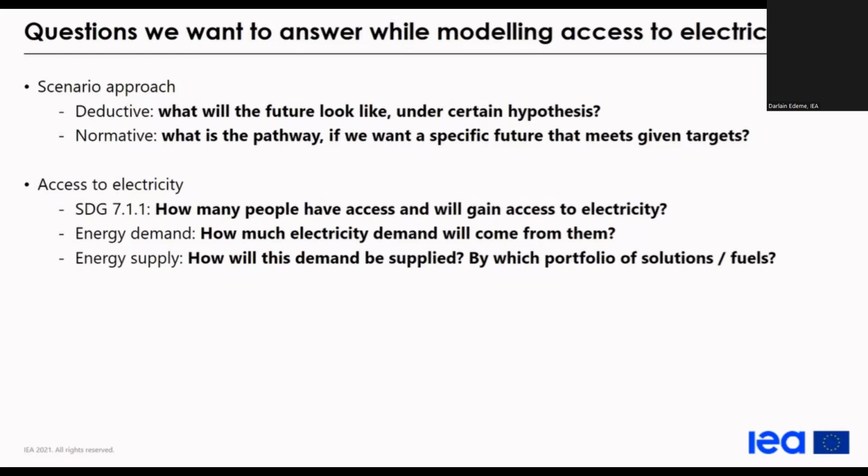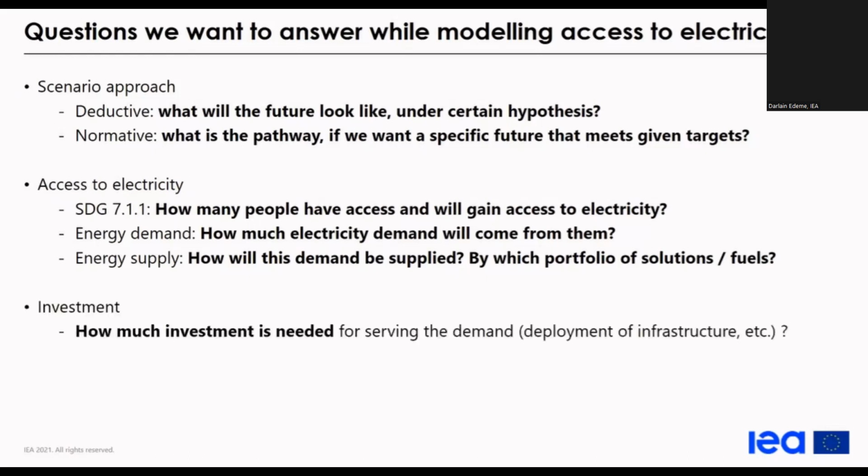Then, once we know demand, we can look at supply and see how this demand will be supplied, how we will match this level of electricity demand, and by which portfolio of solutions. Again, it can be on grid or off grid, and by which type of fuels. We can have questions related to investment. How much investment will be needed to serve the demand? And we can also investigate impacts and see, for example, what are the energy access related CO2 emissions.